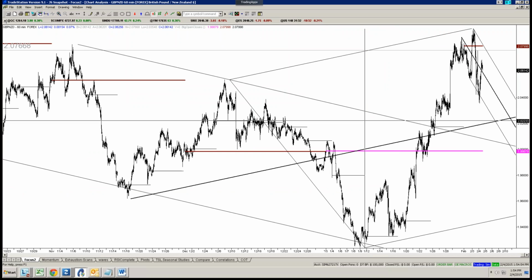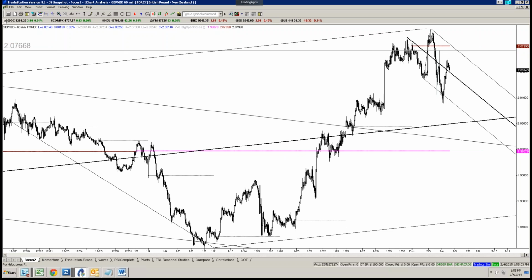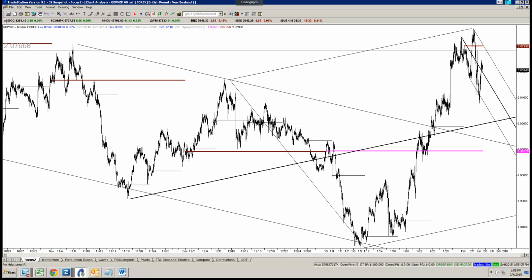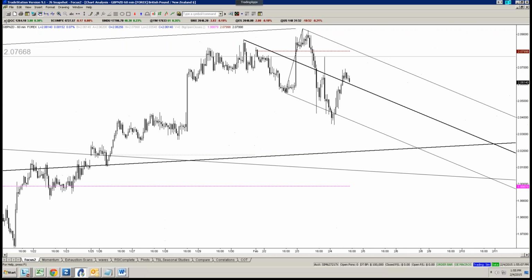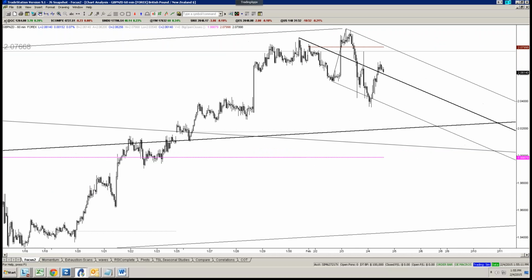Because that's where you have an intersection between the downslope, shorter-term construct, and then the upsloping, but not extremely steep, but it still is an upsloping, larger, longer-term fork. Okay, so that's what I'll be looking at with pound Kiwi.